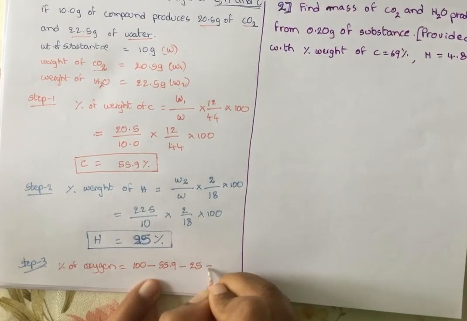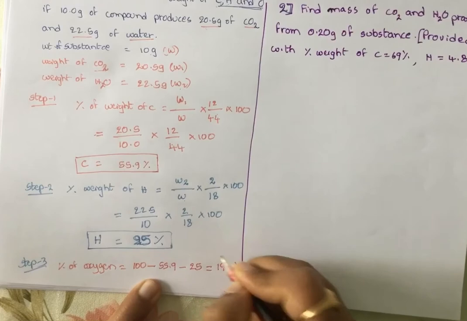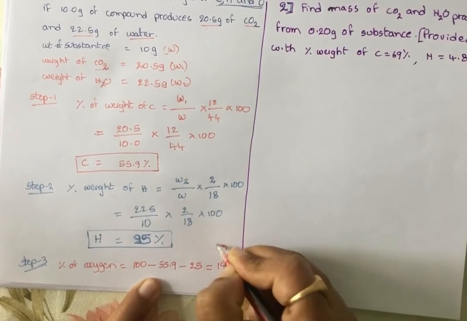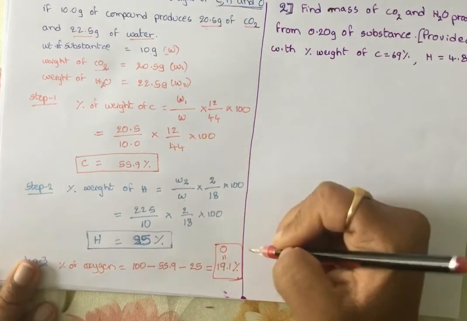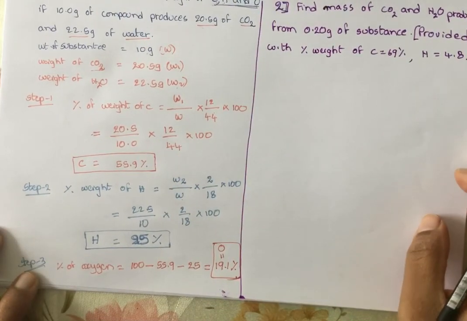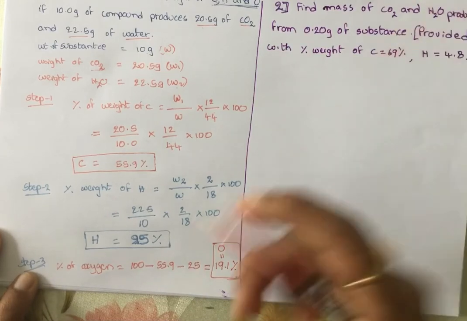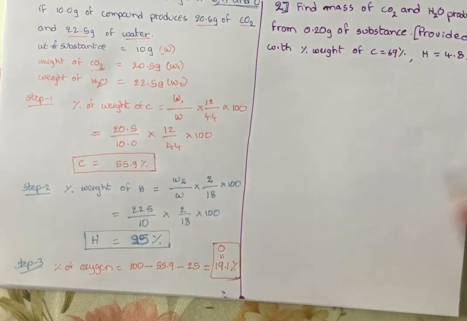So that will result in how much? 19.1%. This will be the percentage of oxygen. Oxygen is equal to 19.1%. So these are the 3 components that are present in 10 grams of the sample, the compound that you took initially. Okay, so in this way you can find percentage weight of carbon and hydrogen.